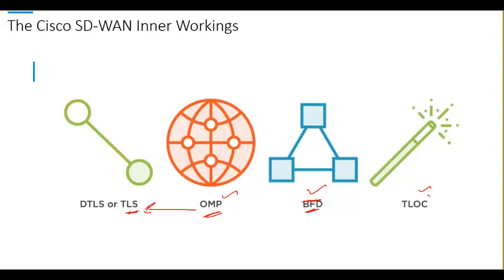One for MPLS, another for the internet, another for LTE connection, a leased line. So for each, you will have a separate TLOC, three TLOCs.